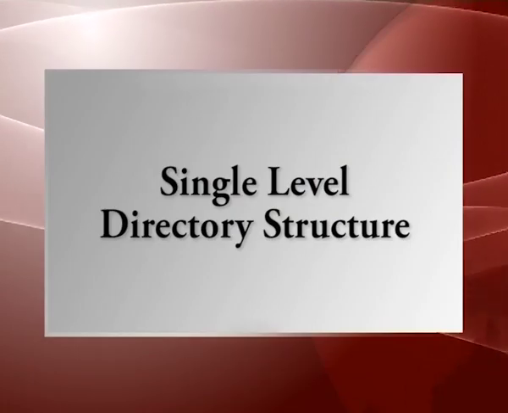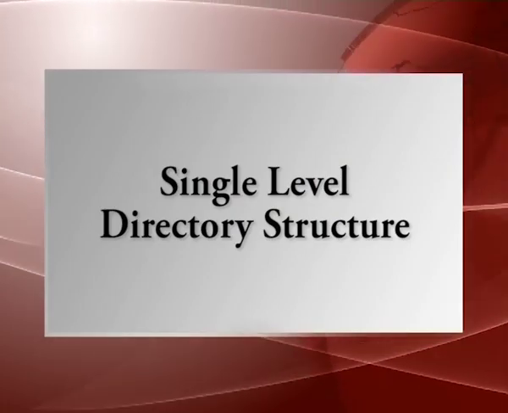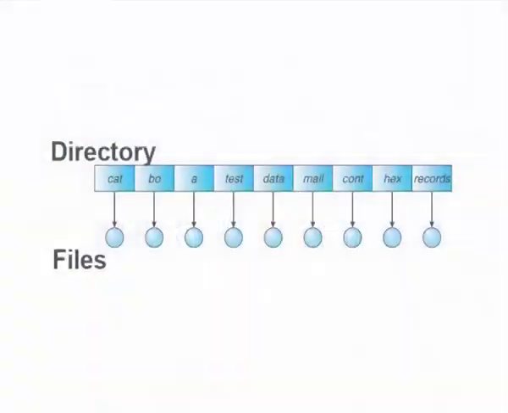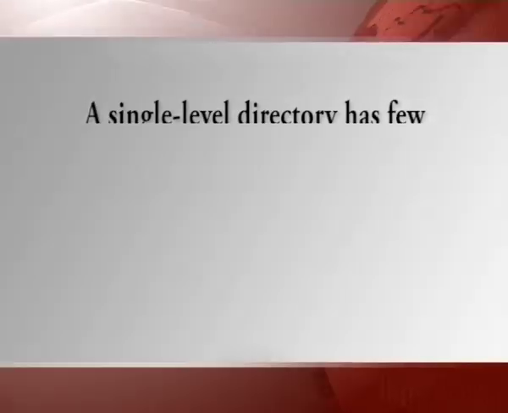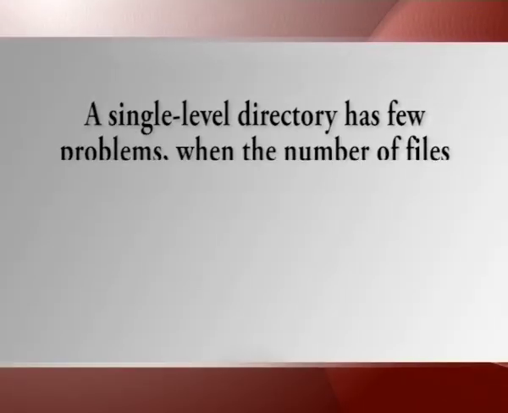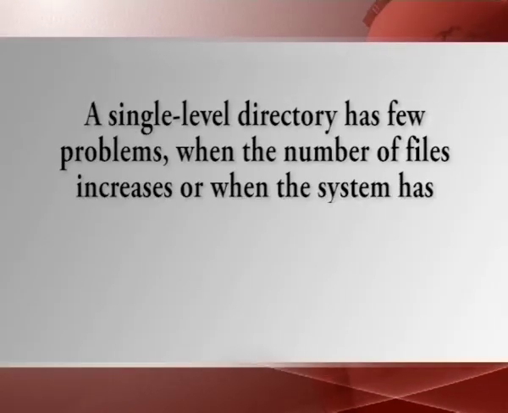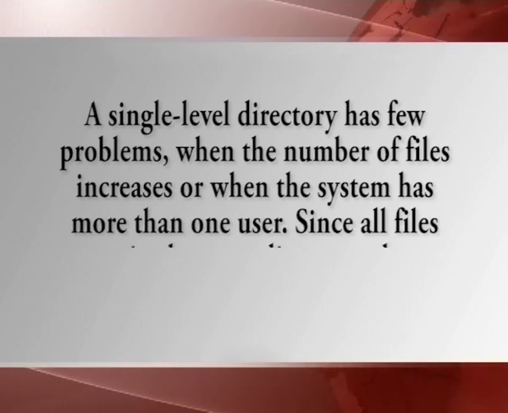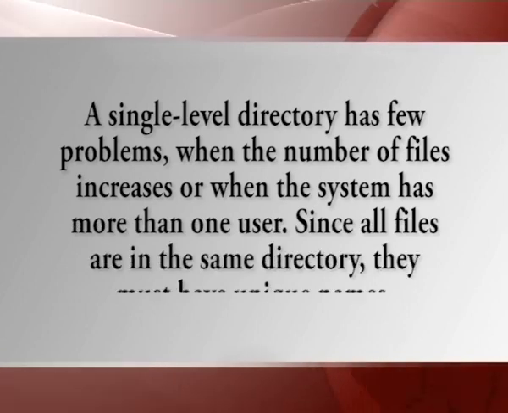First is single level directory structure. The simplest directory structure is the single level directory. All files are contained in the same directory, which is easy to support and understand, as shown in the figure. A single level directory has problems when the number of files increases or when the system has more than one user.